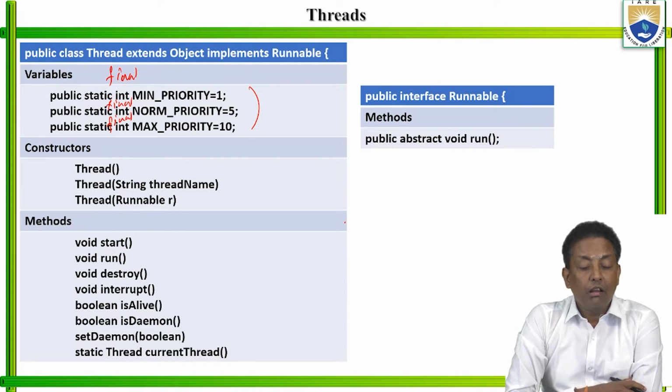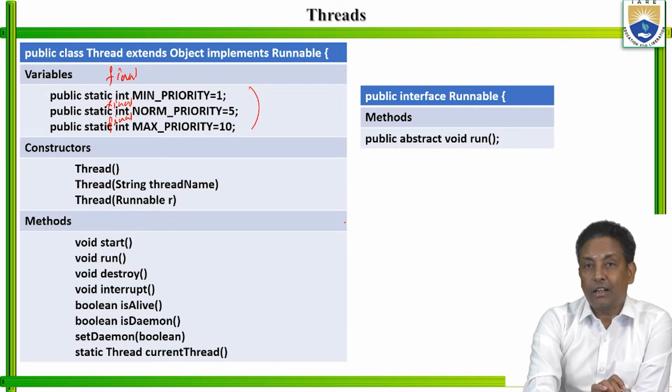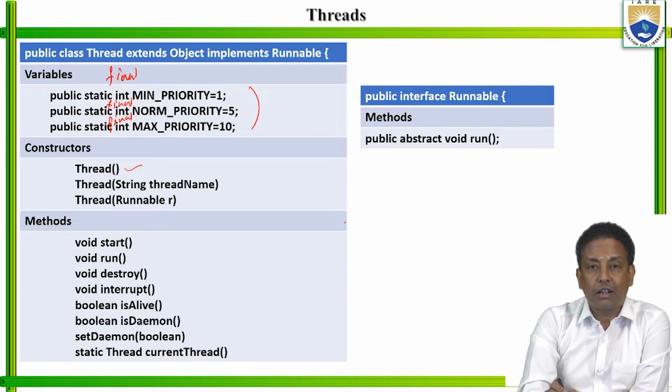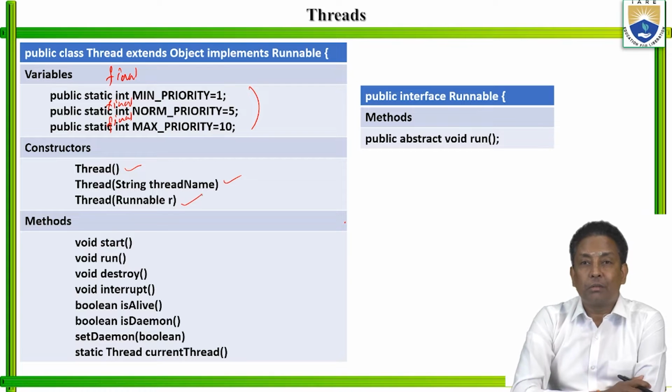Next, in the thread class, mainly three constructors exist: one no argument constructor, one string argument constructor, and one runnable argument constructor.